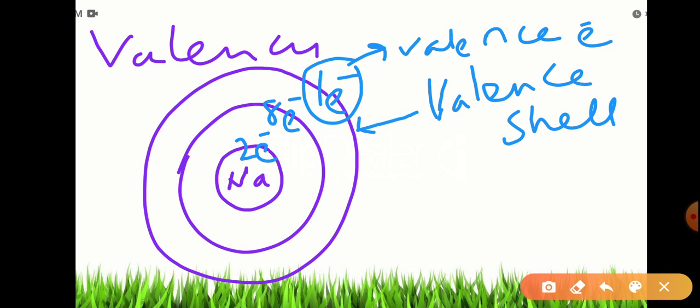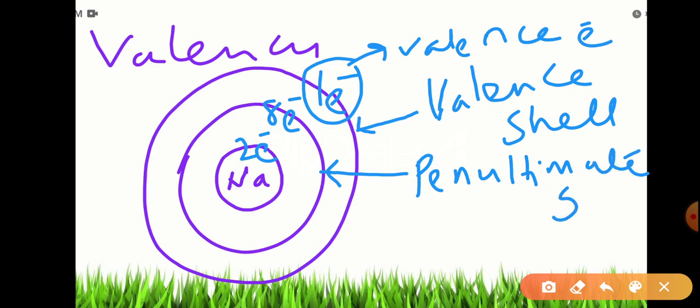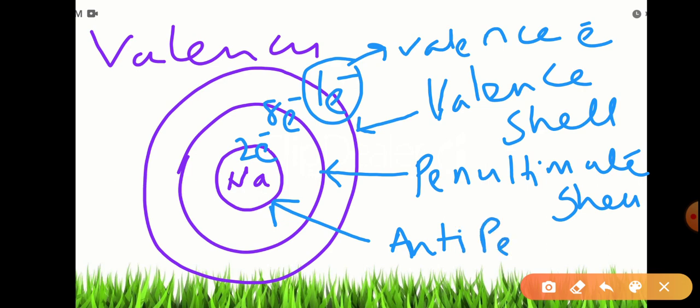The shell next to the valence shell is called the penultimate shell. And the shell that is next to the penultimate shell is called the antipenultimate shell.